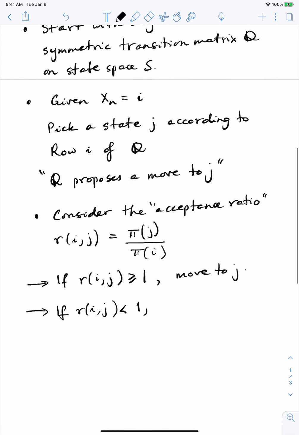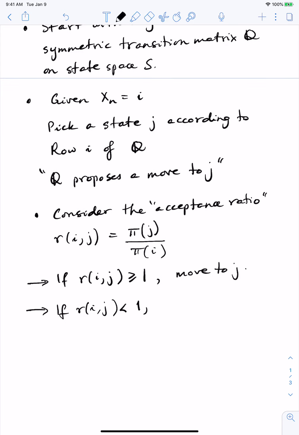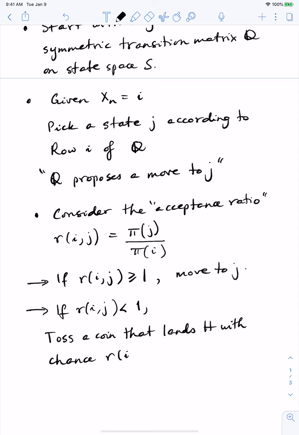So it says if your ratio is less than 1, so if Q is proposing a worse decoder, you toss a coin. And not a fair coin. A coin that lands heads with chance Rij.